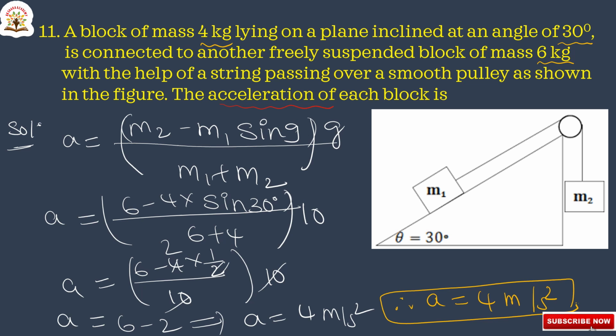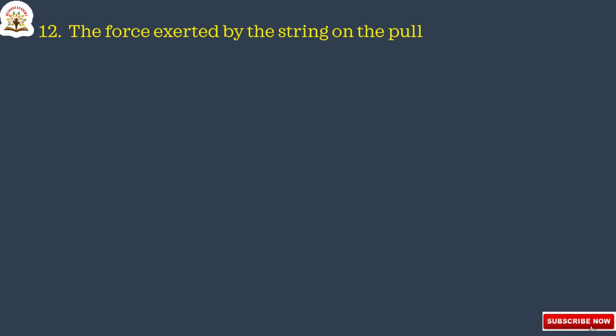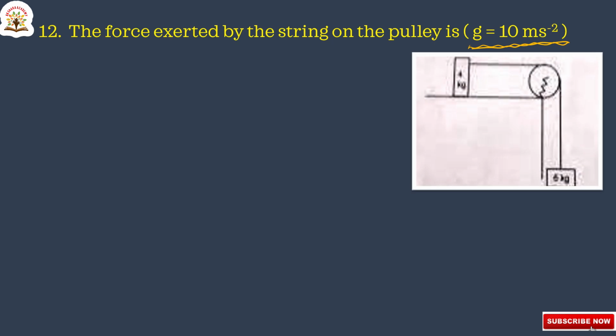This is the final answer. Okay, next we will go to the next question. The force exerted by the string on the pulley, g is given as 10 meters per second square. See this figure, this is a pulley. Here we have to calculate the force exerted by the string on the pulley.